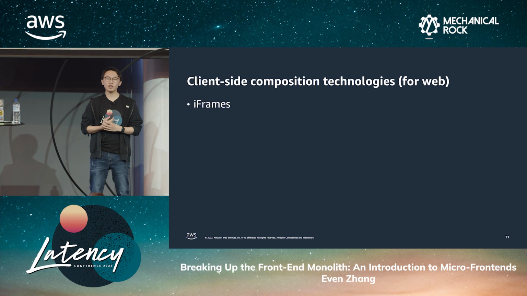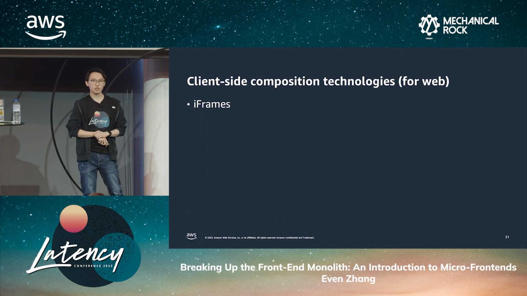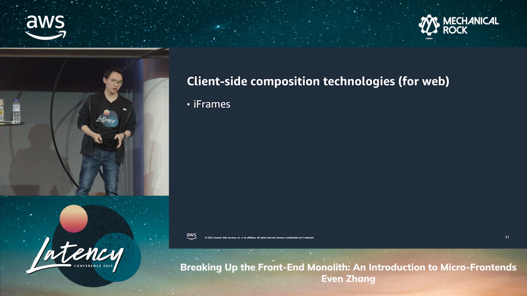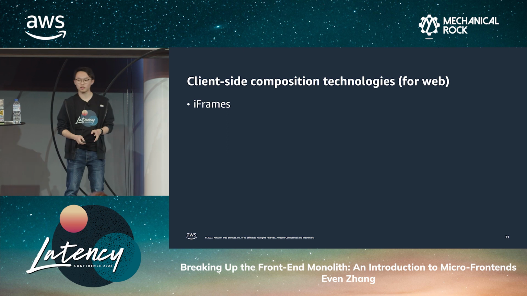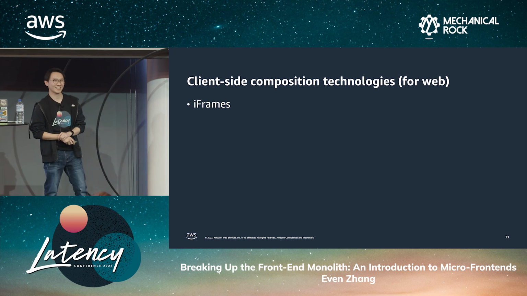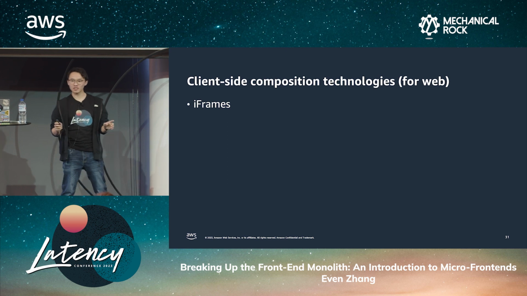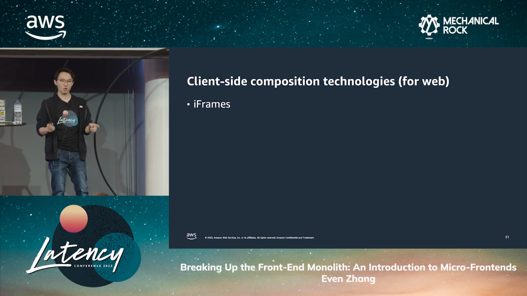So diving a little bit deeper into some of the technologies used for micro front ends. Because we're in 2023, the technology is finally here for us to do micro front ends. And I would like to introduce everybody to iframes. If you're not familiar with iframes, they're basically the Docker containers for web.